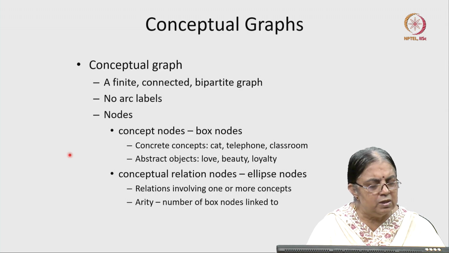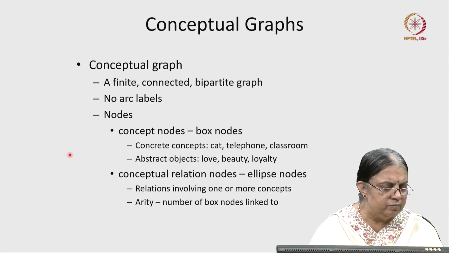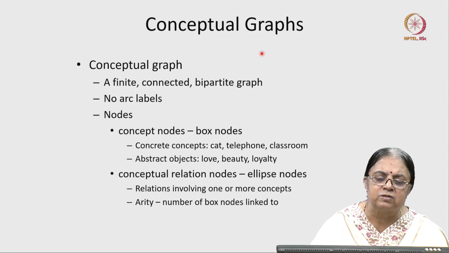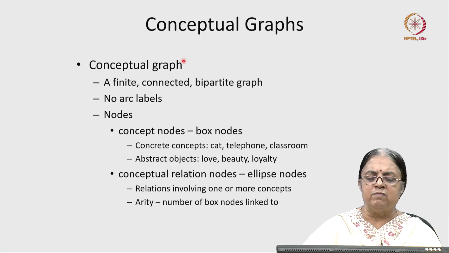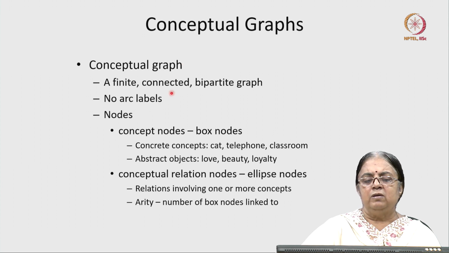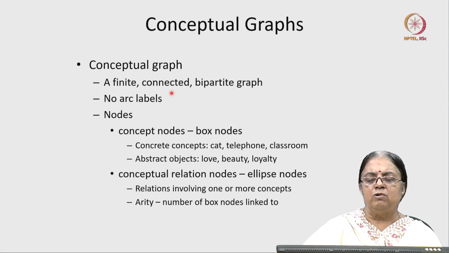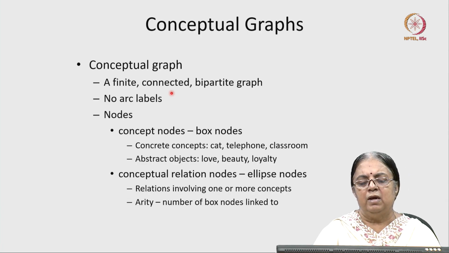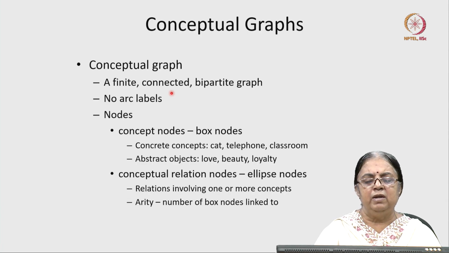Okay. So, the last thing we are going to talk about is what is called the conceptual graphs. Okay. A conceptual graph is somewhat like a semantic network, right, but you have boxes, okay, and circles, and the arcs do not have any labels basically.